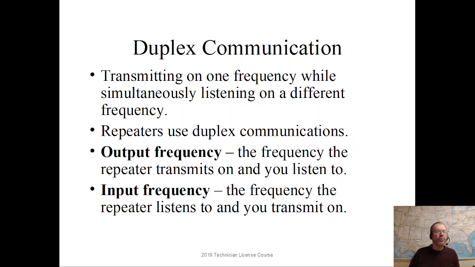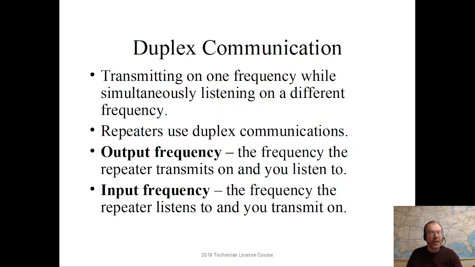So if somebody's already talking on the repeater and you turn on your handy-talkie and it's set to that frequency, that is the output frequency of the repeater. The input frequency, once I press this transmit button, is listening, and that's going to hear my handy-talkie, hopefully, when I go to transmit.